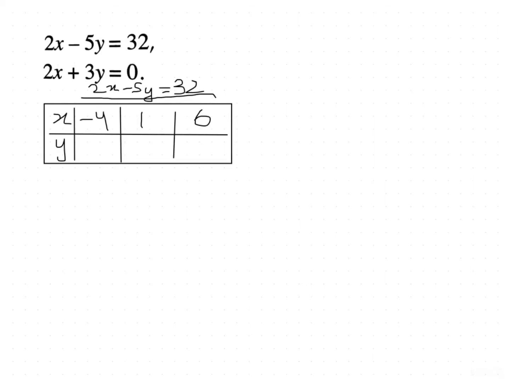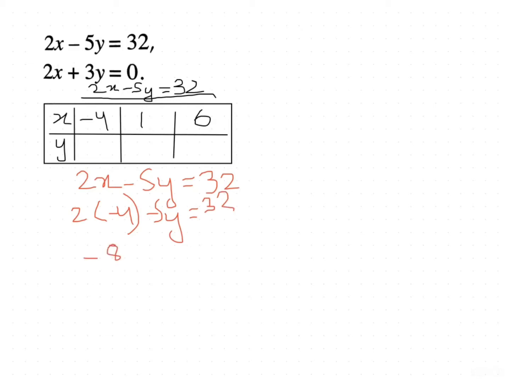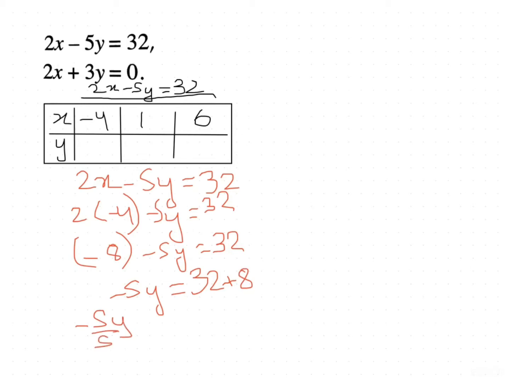So our equation is 2x minus 5y equals 32. With x equal to -4, 2 times -4 is -8, so -8 minus 5y equals 32. Now -5y equals 32, and the 8 is shifting to the other side, so its sign changes. So -5y equals 32 plus 8, which is 40, and y equals -8.